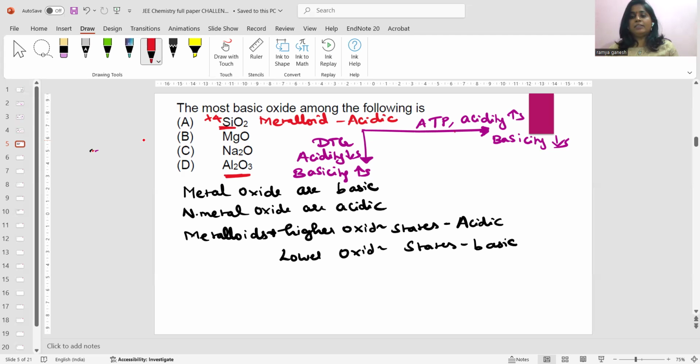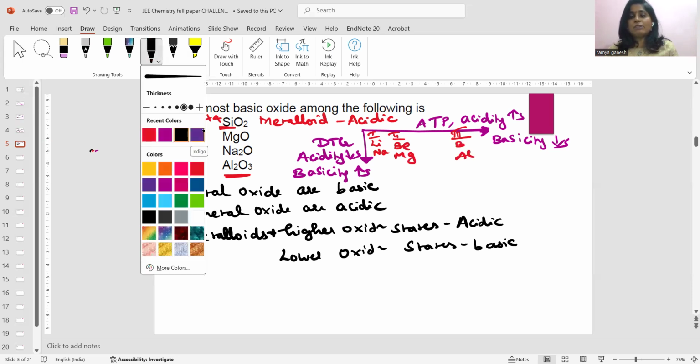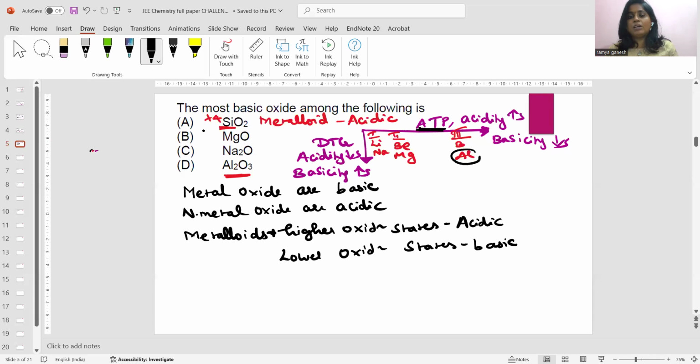Al2O3, where is it? It is in group 13. The other two oxides are of group 1 and 2: lithium, sodium; beryllium, magnesium; then boron, aluminium. So as we travel along the period, alumina should definitely be acidic in nature. But we know that it is a very exclusive material. Why?